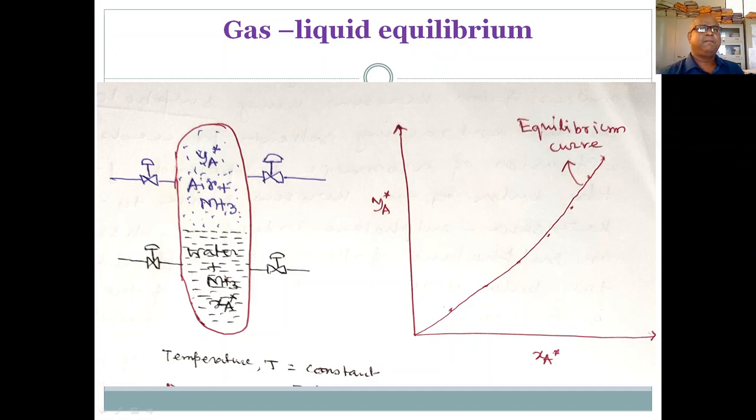Because in many processes, if you have a small amount of ammonia, 1%, 2%, water is sufficient to absorb this ammonia. Ammonia will diffuse from the air-ammonia mixture into water. So for that, I want to see what its equilibrium data is.